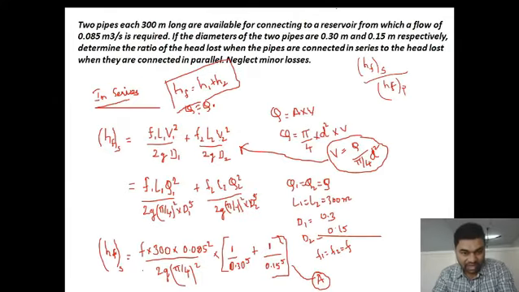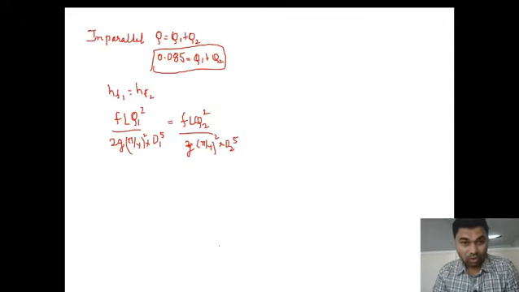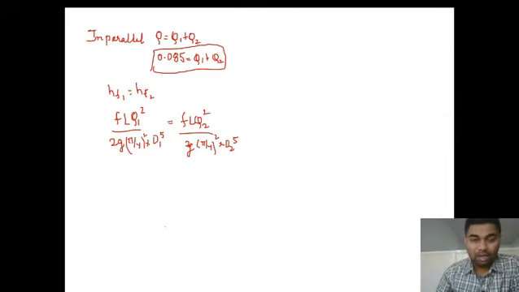Let us see whether we have placed pi by 4 whole square or not. Yes, we have placed it here. So this is the head loss in parallel.